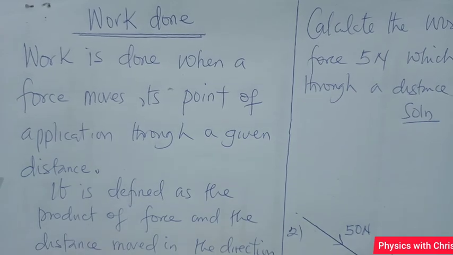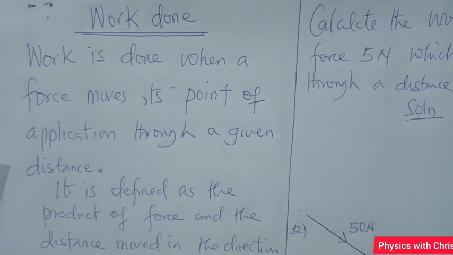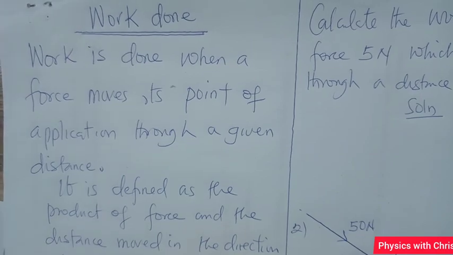So you can see here from my note that work is done when the force moves its point of application through a certain distance. So to do work, the force must be applied, and that force must move the object a distance. That distance must be moved in the direction of the force, and it's also defined as the product of force and distance moved in the direction of the force.